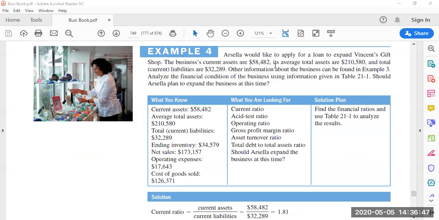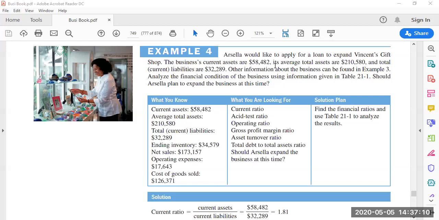Here are the numbers: current assets, total current liabilities. Other information can be found in the previous example. The question is, should our seller plan to expand the business at this time? Now that is a good question.